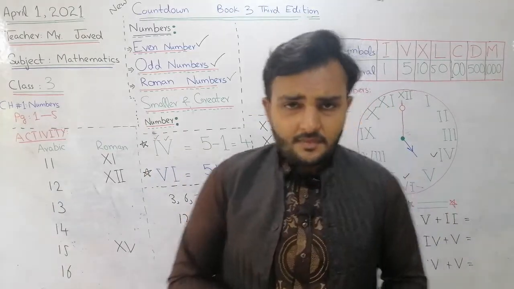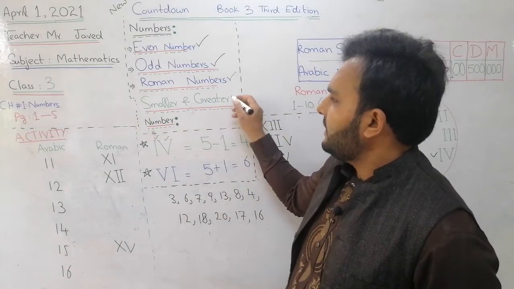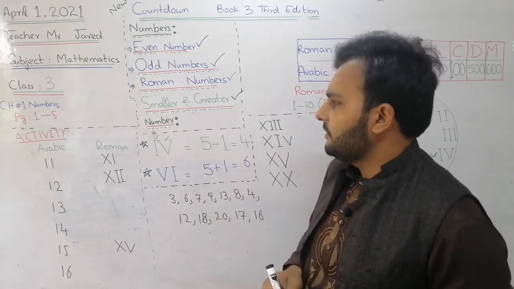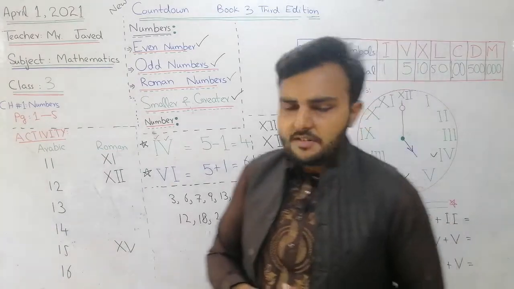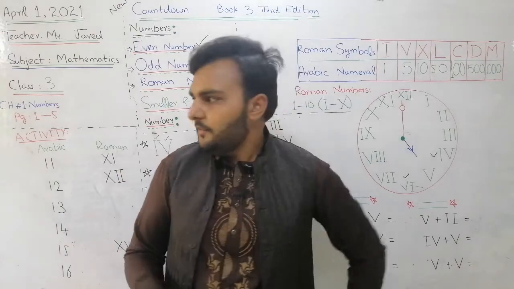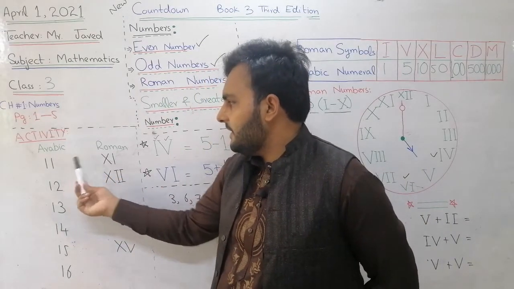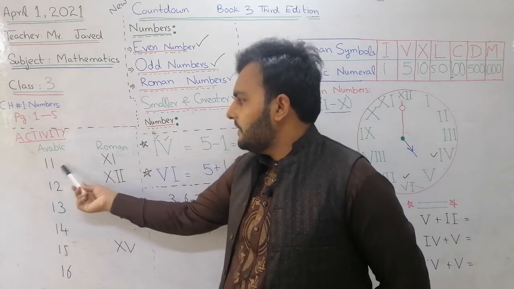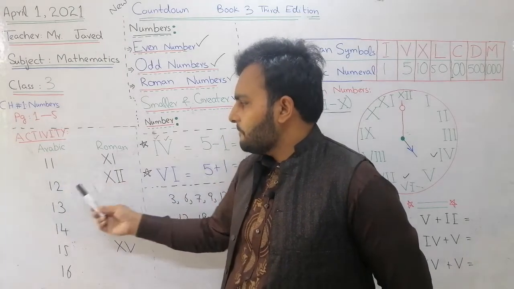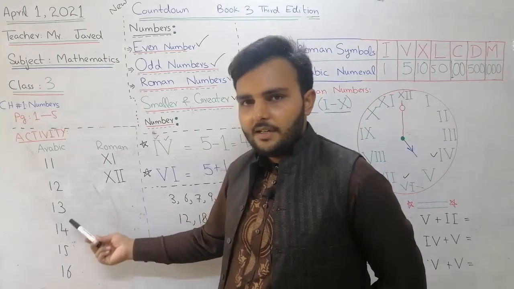Okay. Our next topic is smaller and greater. We will also see it, but first of all, the activities are here. We have to solve these activities. First of all, this activity: these are Arabic and these are Roman. 1 here, XI, 12, XII, 13.